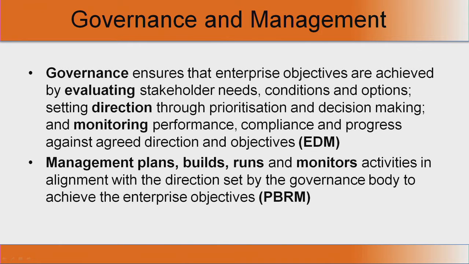So, basically COBIT will help you to convey what the stakeholders' needs are, what are the conditions under which your objective should be met and what are the options, what directions need to be set for decision making or for prioritizing what has to be done, what, when, why. So, the governance will ensure that.